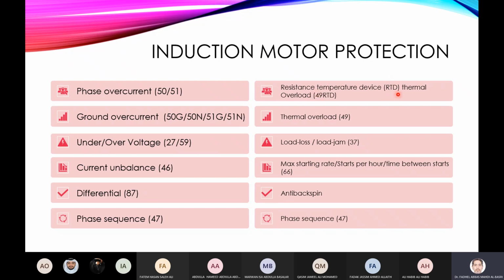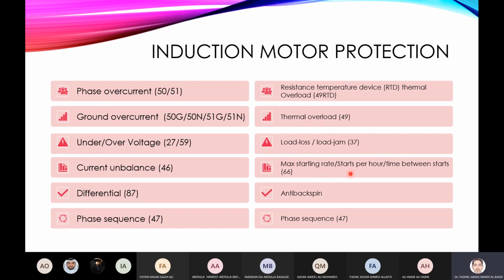We can use an RTD, which is a resistance temperature device, a temperature measurement device, for thermal overload protection. I'll show that later. We have loss of load or load jam protection, and maximum starts per hour or time between starts protection.